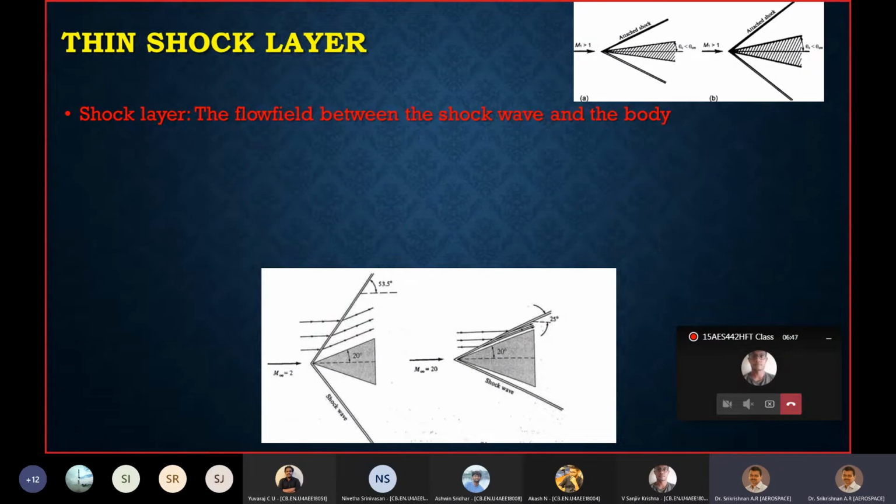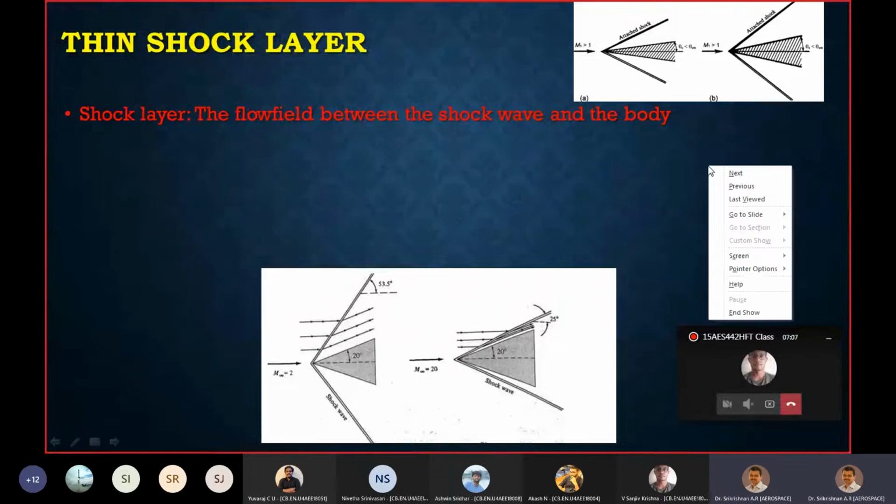But please be reminded that whenever you have a compression corner, you will have a shock formed, and to some extent, it can be an attached shock. Like all the pictures that you see in this particular slide, they are all attached shocks. So if you have a reasonably sharp corner, you will have a shock when supersonic flow encounters it.